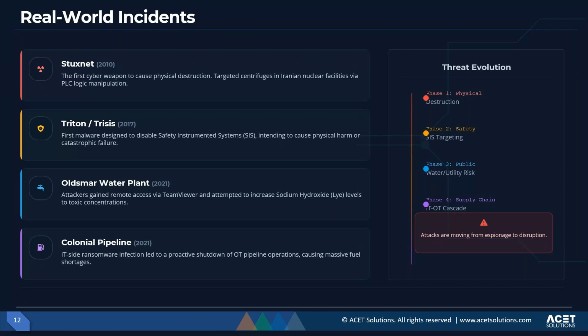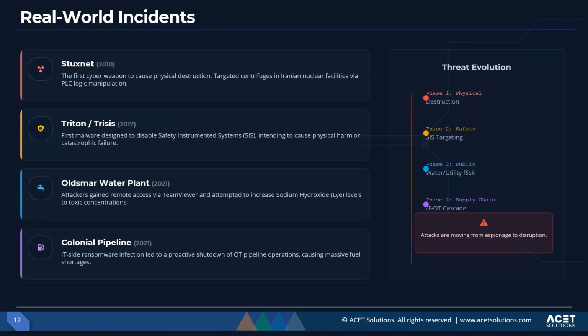A few examples from real-world incidents, like Stuxnet, Triton, the Colonial Pipeline attack, and the Oldsmar water plant intrusion, show just how far attackers can go when our ICS environments are not properly secured. These even demonstrate that cyber attacks on industrial systems are not limited to stealing data. They can directly manipulate the physical process, disrupt essential operations, or even target safety systems, which are designed to protect people and equipment.